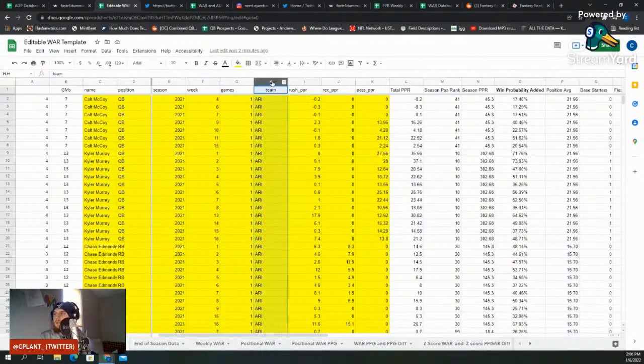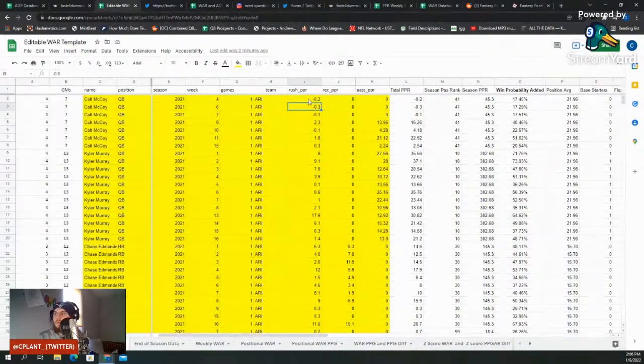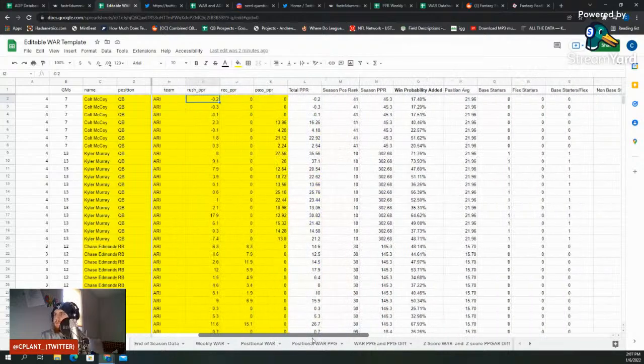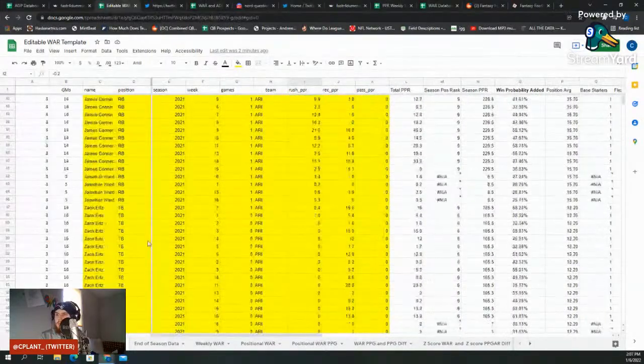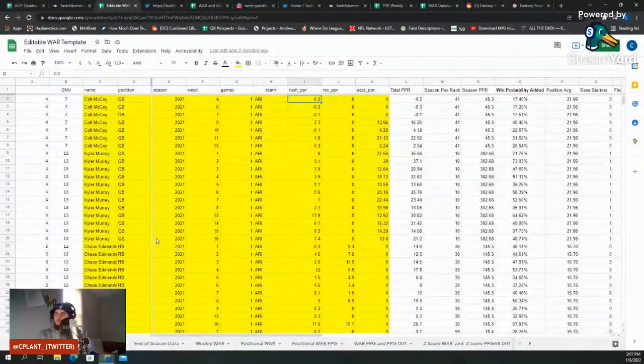And if you wanted to do, say, who has the highest rush PPR wins above replacement, you could do that with this. You would just have to change some of the formulas. But yeah, this is weekly data, all 2021 for every team, every player.